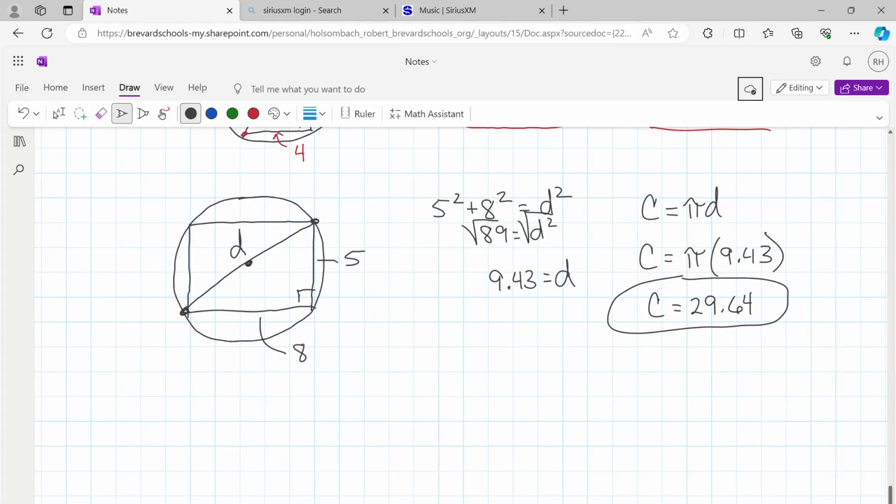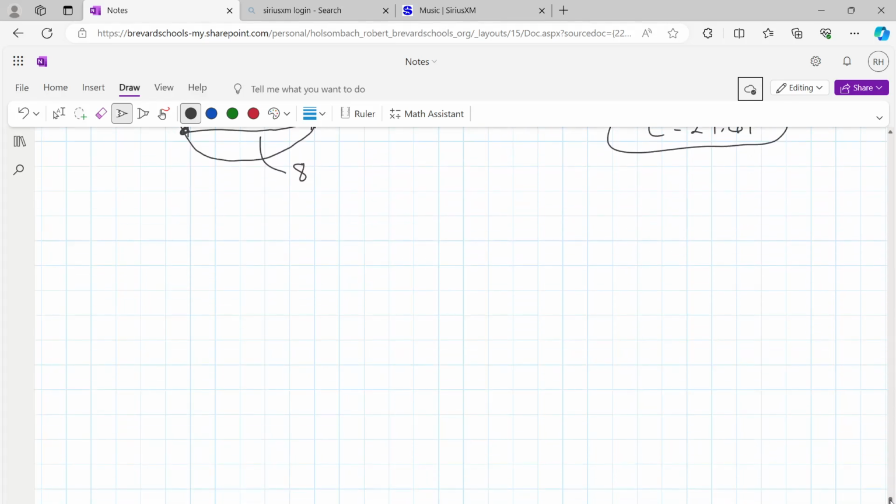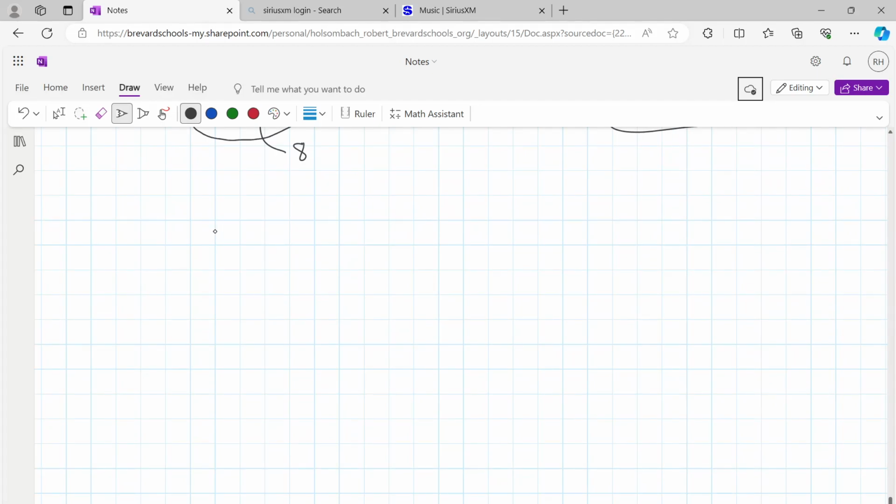And then just keep in mind that, this is even harder to draw, let's say we've got a square, 1, 2, 3, 4. If you're given a square and it's got a circle inside of it, okay? You're given a square, it's got a circle inside of it, and you're given this dimension.